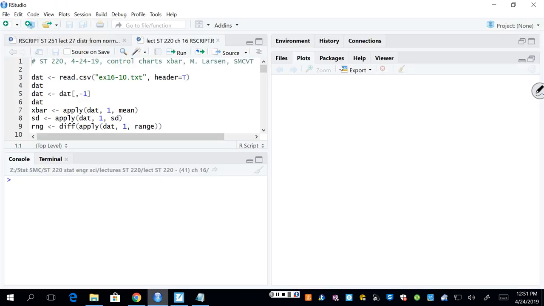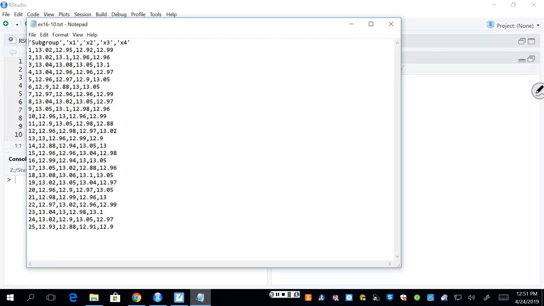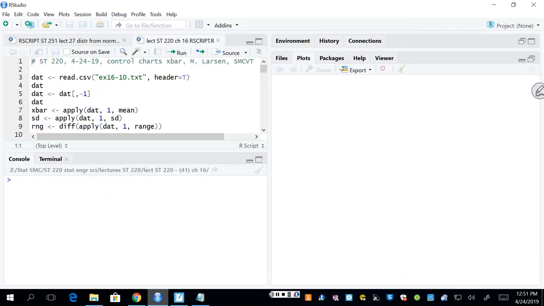And these are the measurements. There are 4 measurements, 1, 2, 3, 4, across each time. It looks like this will be about 13 millimeters as the width, and 25 different time periods, 4 measurements each. So let's look at this process and see what it looks like. Does it look like it's out of control or not?